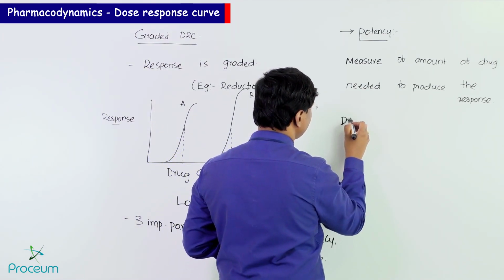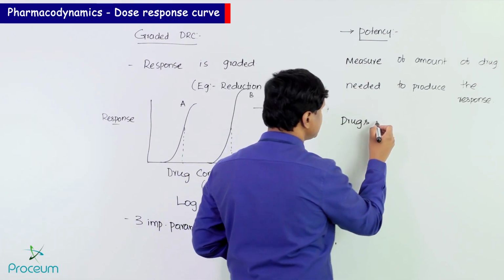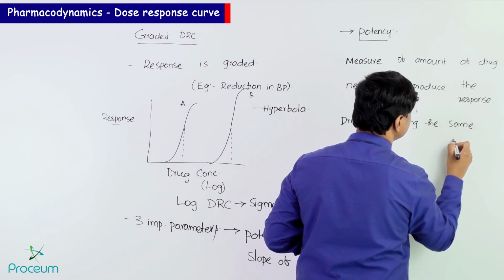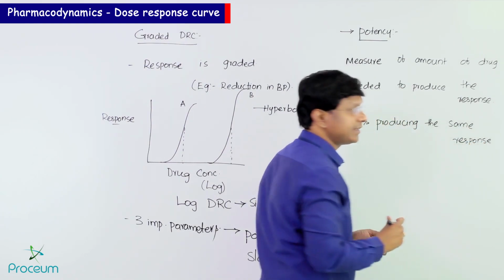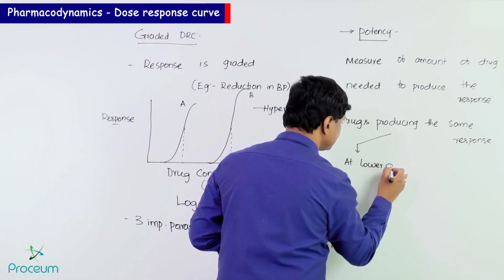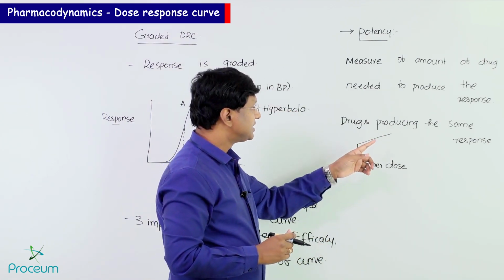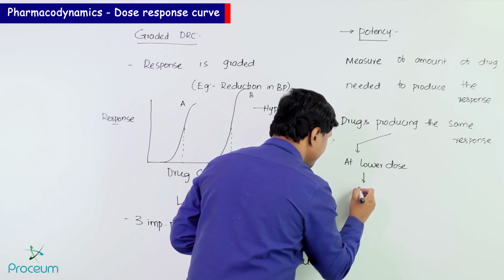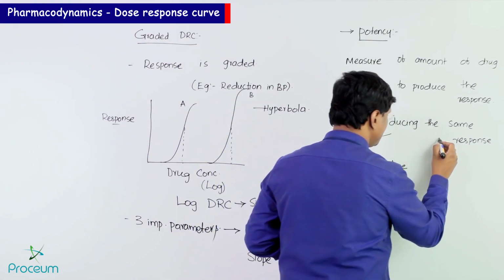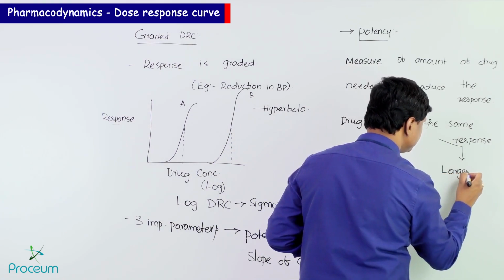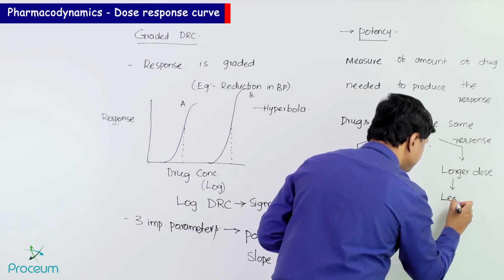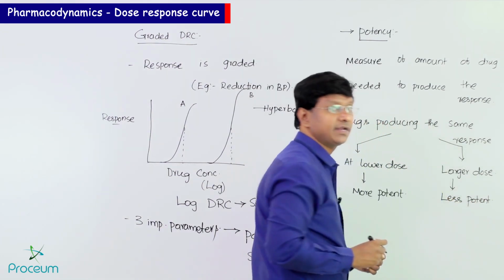So what you need to remember is: drugs producing the same response at a lower dose are considered to be more potent, whereas those requiring a larger dose are less potent.